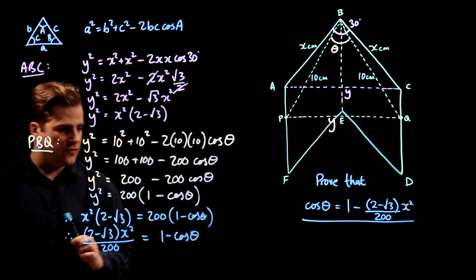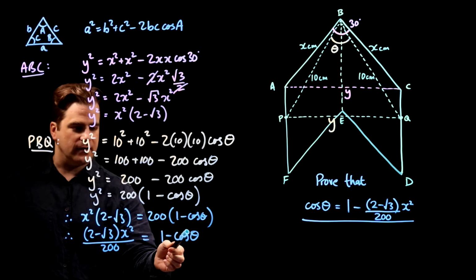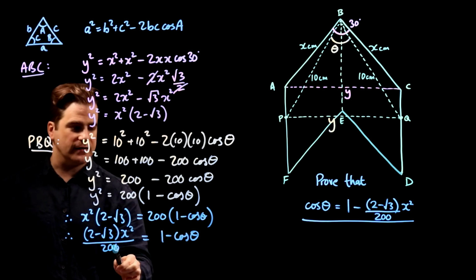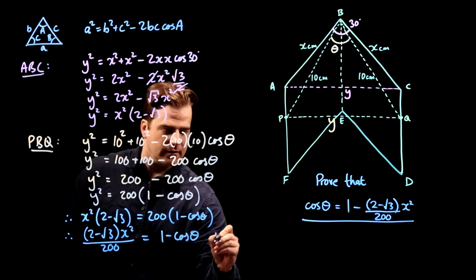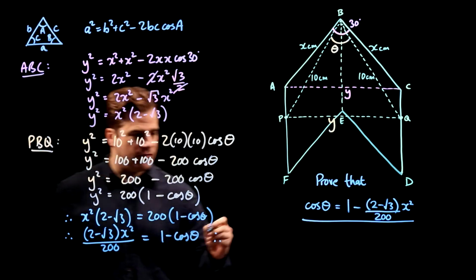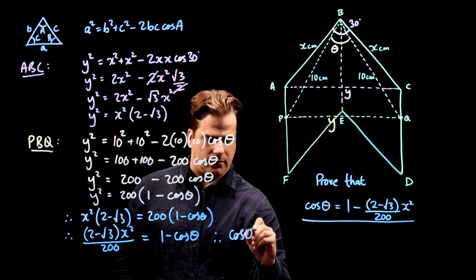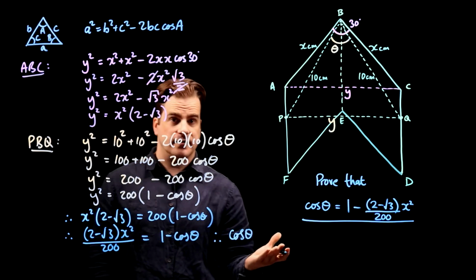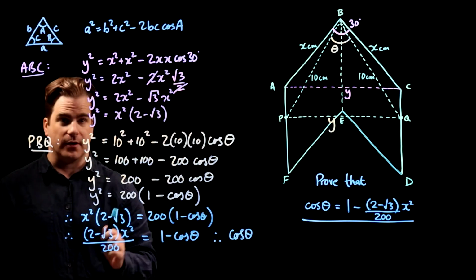Good, so now what we have to do is bring the minus cos theta over here to plus cos theta and take all that over there. And we get the answer. In other words, add cos theta to both sides and subtract that from both sides.